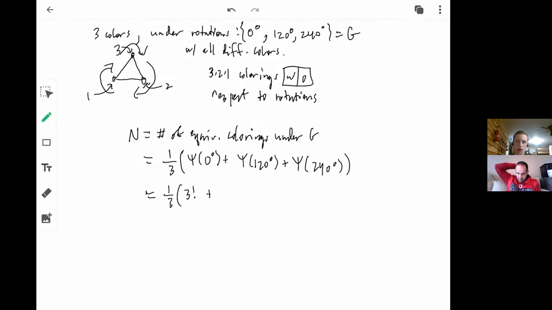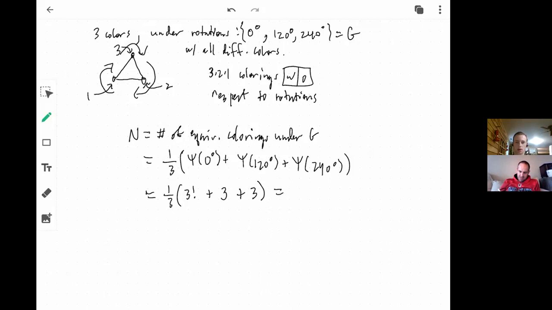We could pick one of the vertices' colors, and then the others would have to be fixed. So that'd be 3, because it's a 3-cycle. That makes sense. So there are 3. And then what about 240-degree rotation? That's the same, because we can consider it 120 in the other direction.